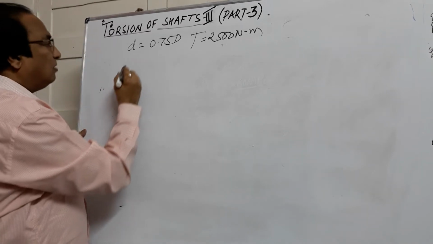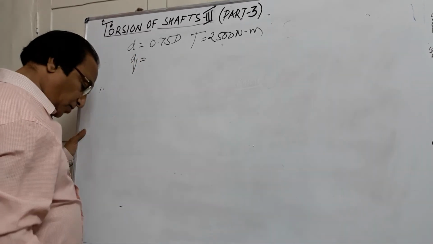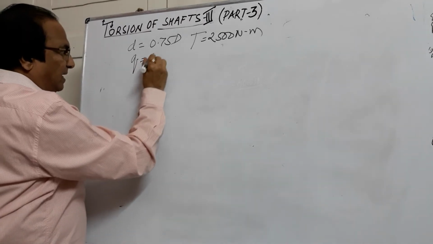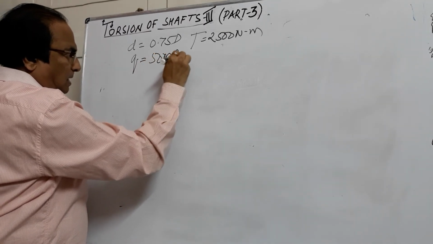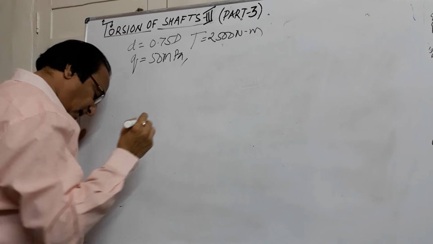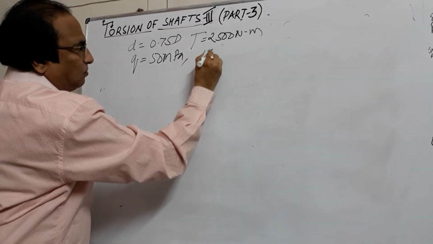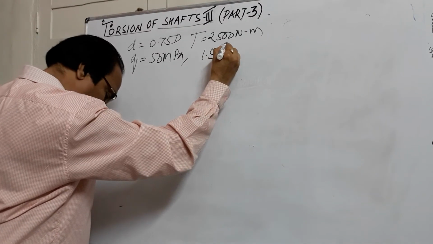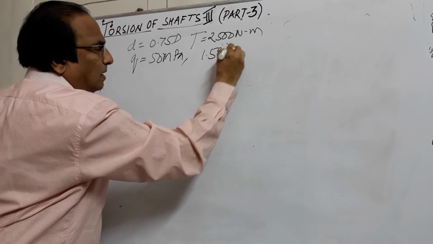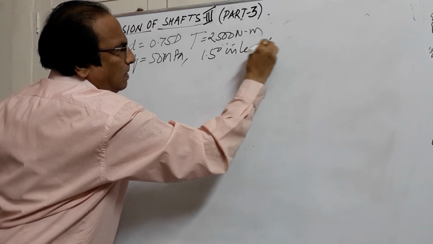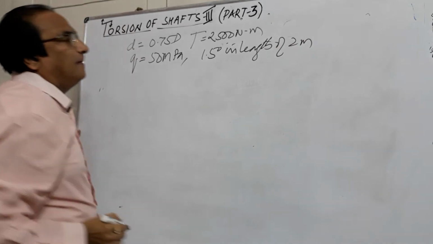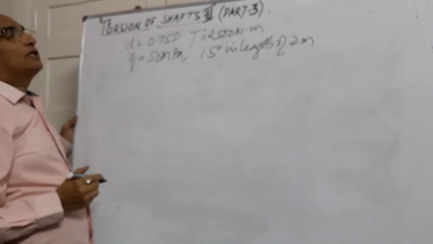The maximum allowable shear stress is given to you as 50 MPa. And the other condition given is the limiting angle of twist is 1.5 degrees in a length of 2 meters. So there is a hollow shaft.